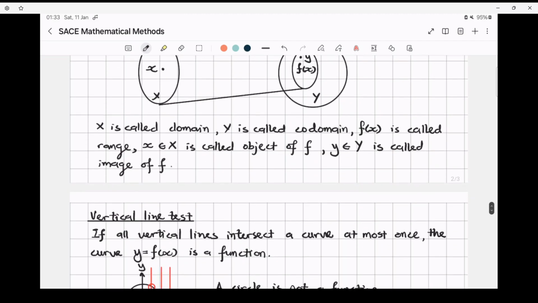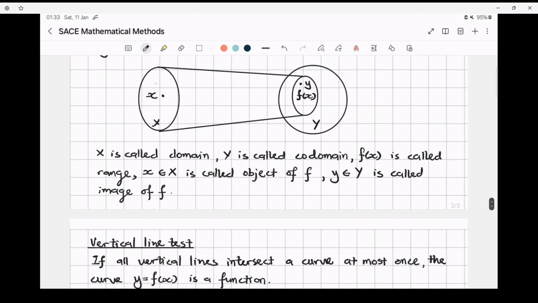So previously, from the diagram, we said that this capital X is called the domain. The codomain will be the whole Y, and the range is the ones that map from your domain through the function.